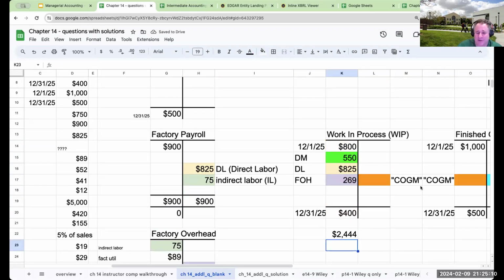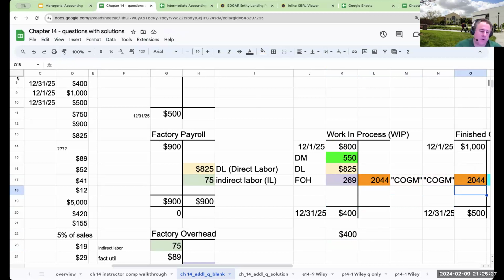No, it does not. I need to go through over here and subtract 2,044. If I subtract 2,044, I get to my ending balance. What we send out of work in process to finished goods inventory is called our cost of goods manufactured, right? So that's exactly what this is.